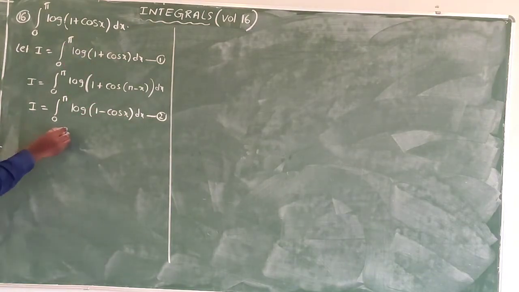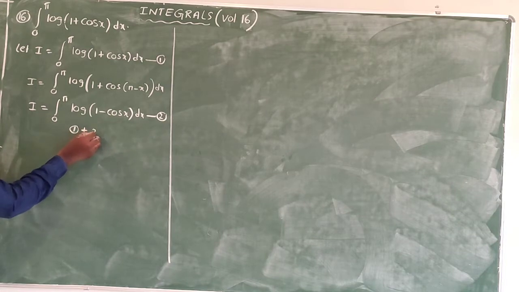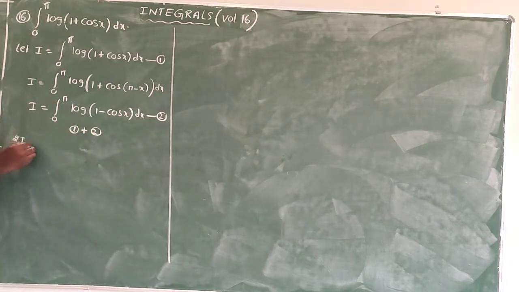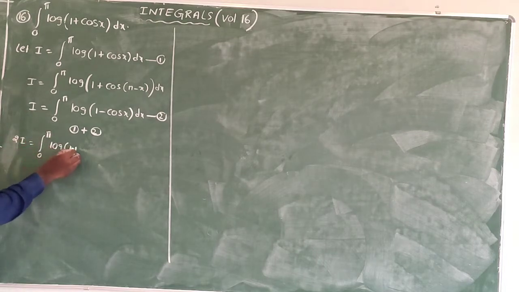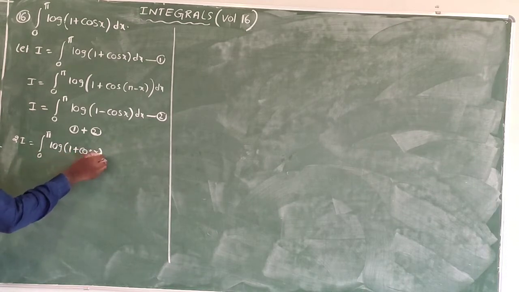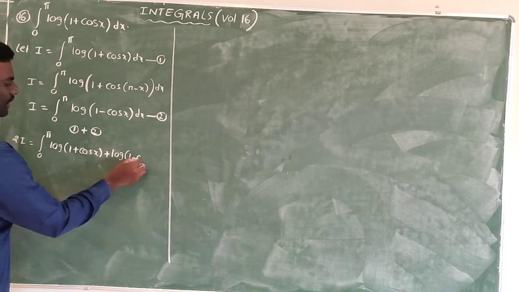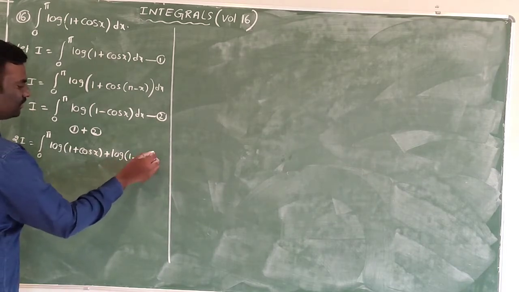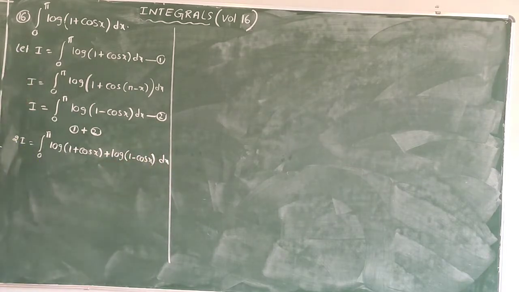Now I am adding 1 and 2. I plus I, 2I, equals the integral from 0 to pi of log(1 plus cos x) plus log(1 minus cos x) dx. It is in the form of log a plus log b, which can be written as log ab, a into b.